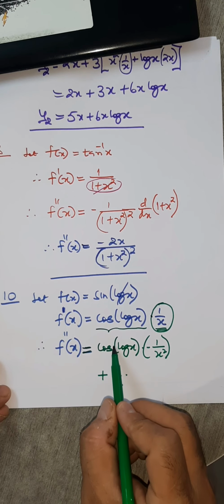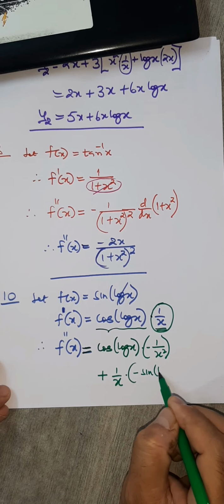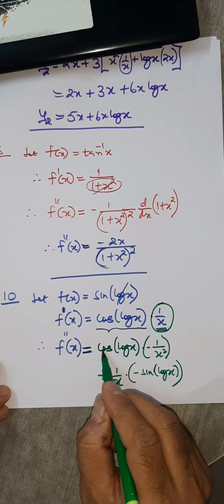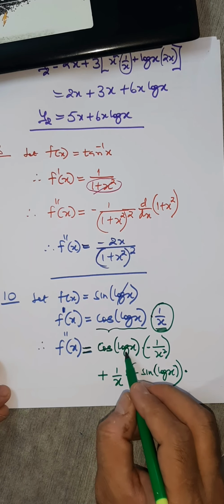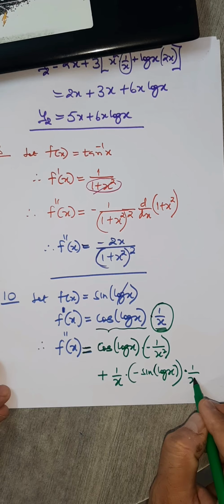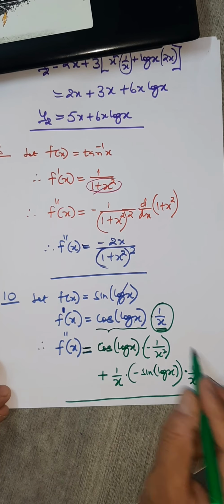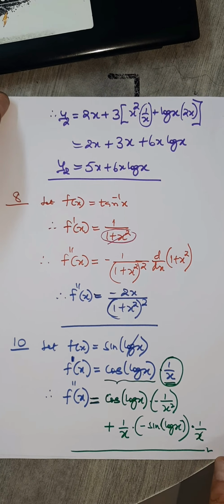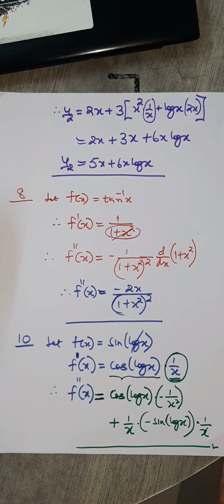So again chain rule. Imagine this as x, so minus sine of log x, derivative of cos, which is minus sine of log x, into differentiation of log x, which is 1 upon x, by chain rule, as you did here, remember. This is differentiation. Just simplify and match with the backside answer. Every time when you do at home, you always compare your answers with the backside answers, remember.